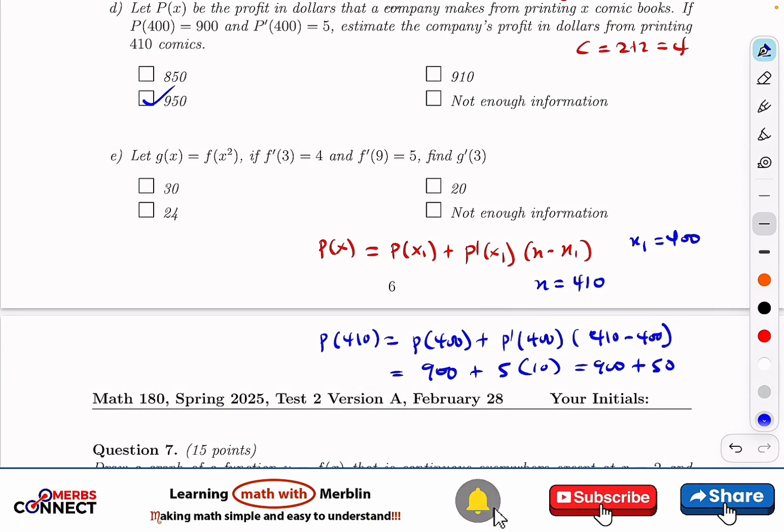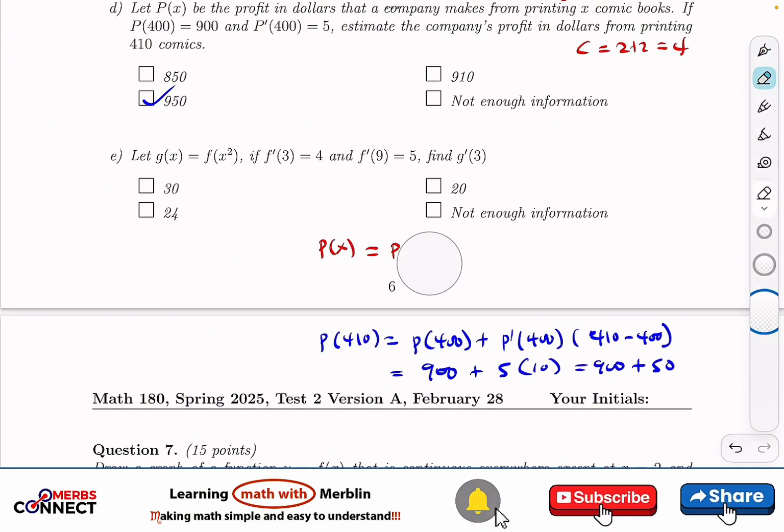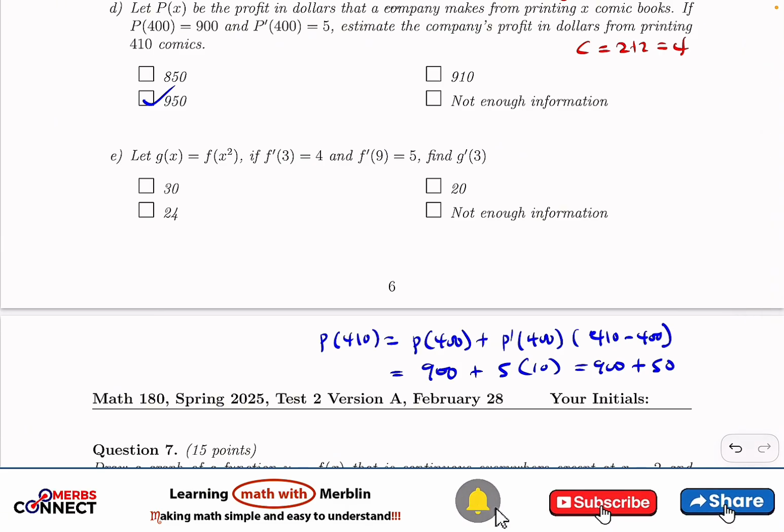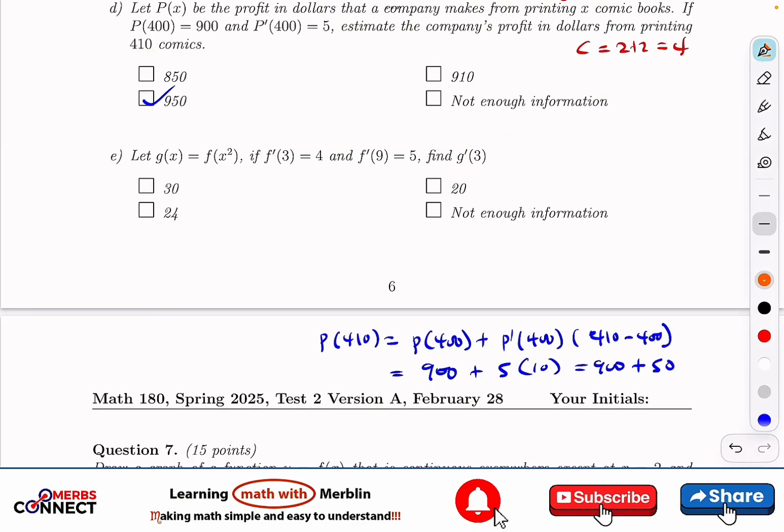And let's do the last one under question 6. Look at question 7 and we are done. So I can clean this one and use the place again. So now here we want to take the derivative of g and then we look for g prime of x. So let's use the chain rule. g of x is equal to f of x squared.